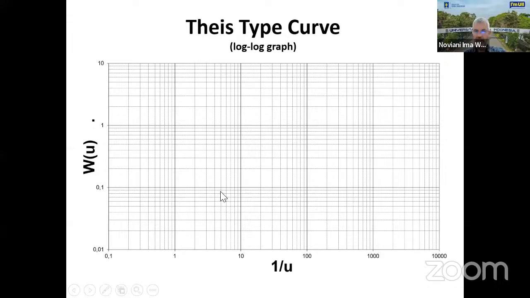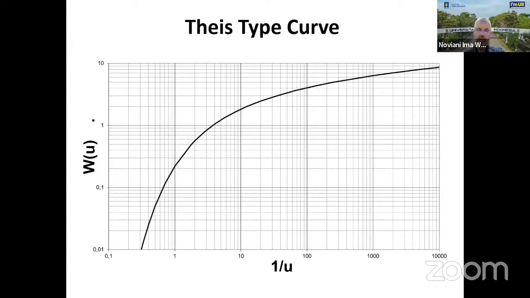So again, we take our table, calculate W(u) from u, and then we simply plot that information. And then what you get is a curve that looks like this. That's called the Theis type curve. And if you think about it, it looks an awful lot like the drawdown data that we have already observed in the field. And I showed you earlier the graph, the drawdown.